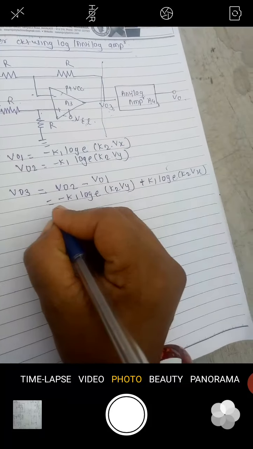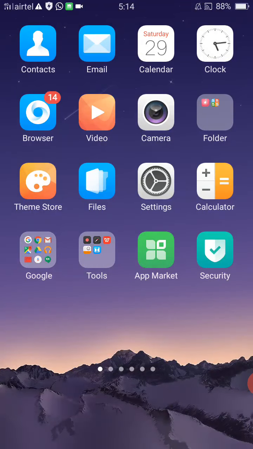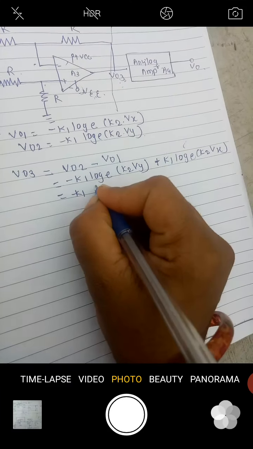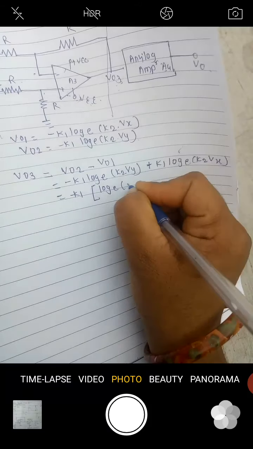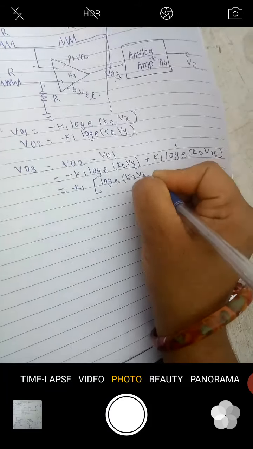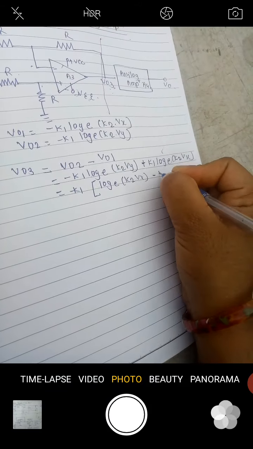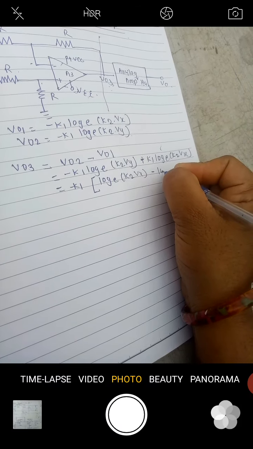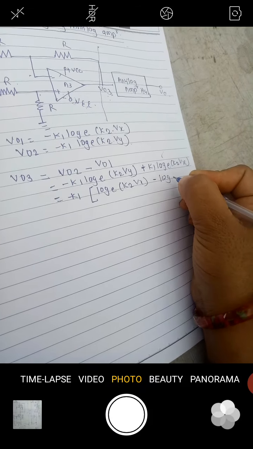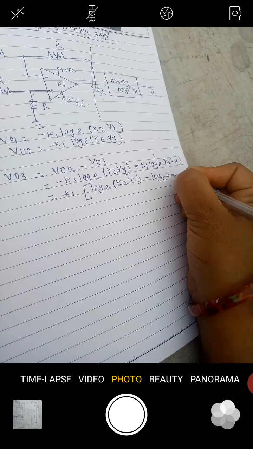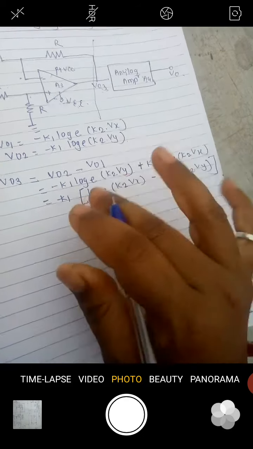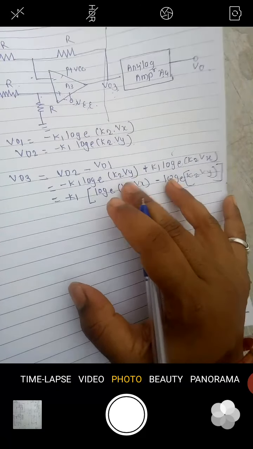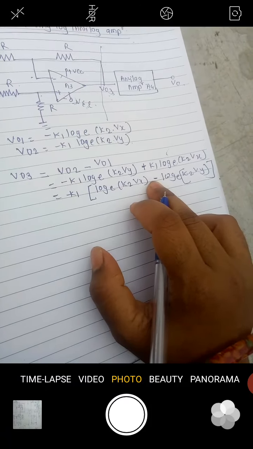Take minus K1 outside: minus K1 [log e K2 into Vx minus log e K2 into Vy]. So in this equation, these two logarithmic terms are in subtraction manner.